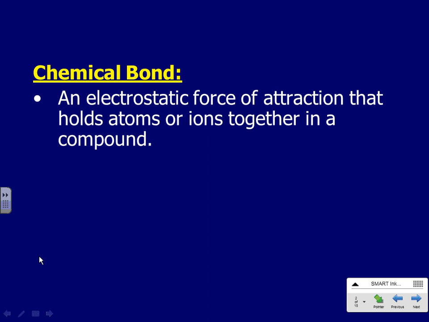We transform it from this idea of wants a full outer shell and needs more electrons, right? We transform that view to a physical view that involves electrostatic forces, forces of attraction and repulsion, and how that then results in chemical compounds.